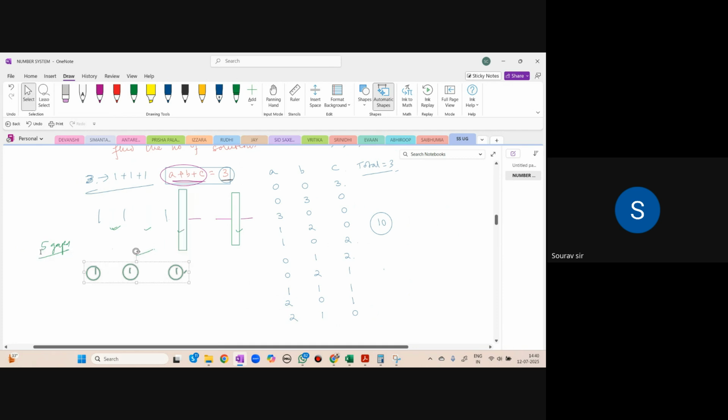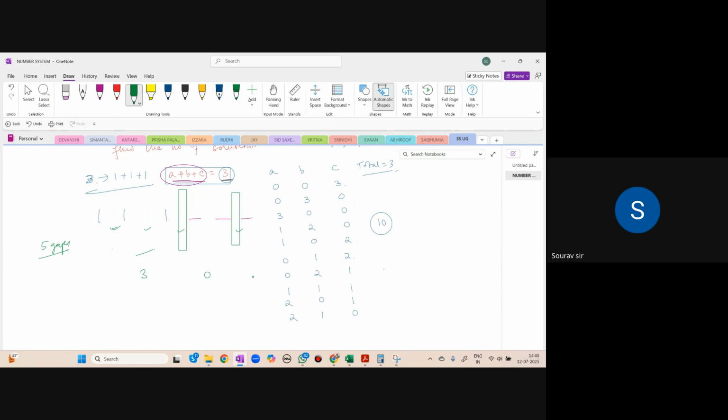Then I get 3, 0, 0. So everything is working to give me 3.